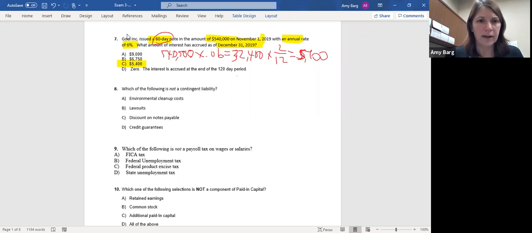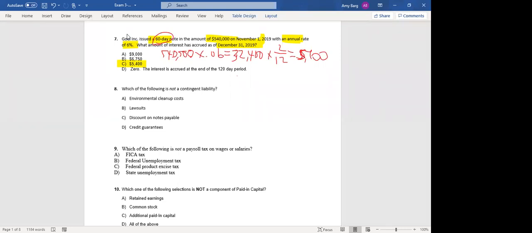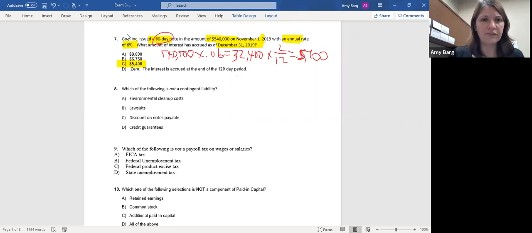Okay, thank you. Which one did you explain after the lawsuits? I just didn't hear what you said. The environmental cleanup costs. They're also going to depend on a lot of other things, like how much you have to clean up.